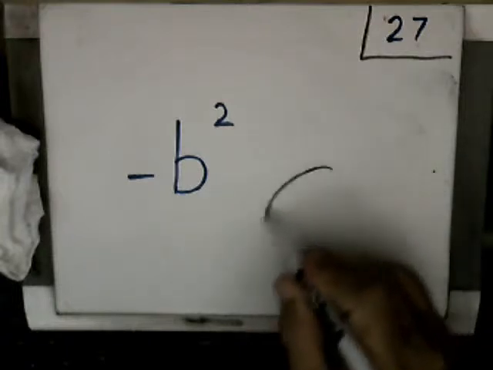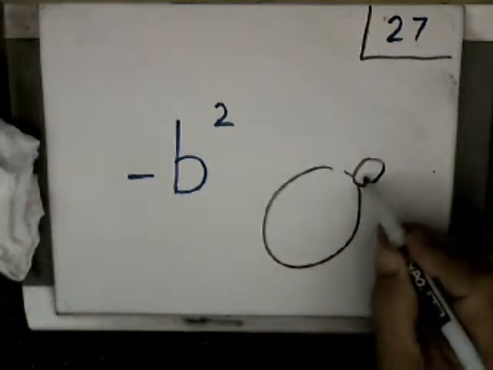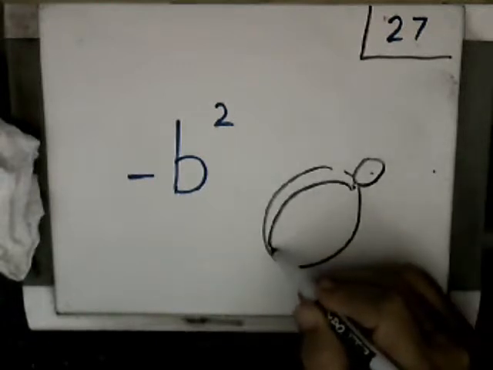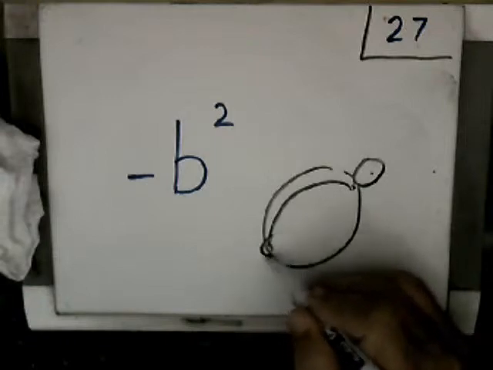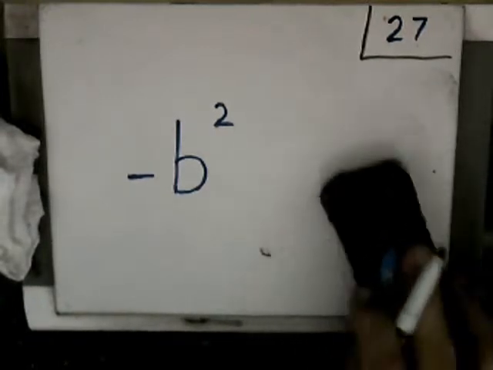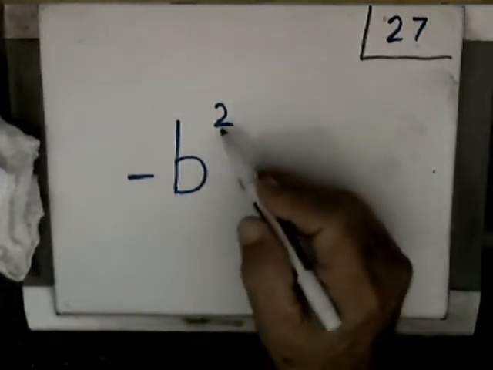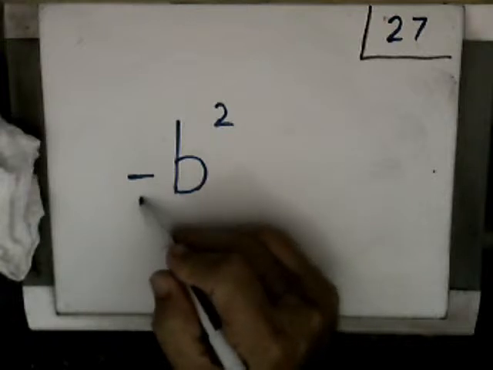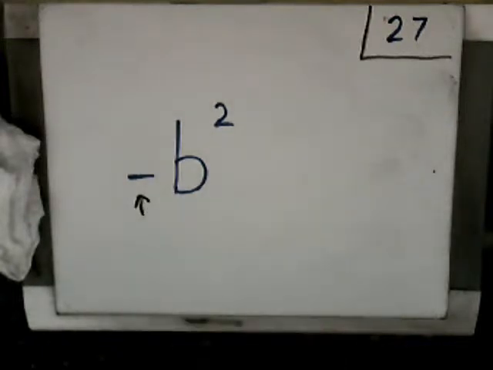If you thought of a big table and you're sitting over here, your reach is only to that table. You cannot reach across this table. It's too big for you. Anything on this side of the table is not available to you. So if we think of the b as a table here and you being the 2, you cannot reach across the table to this negative out there.